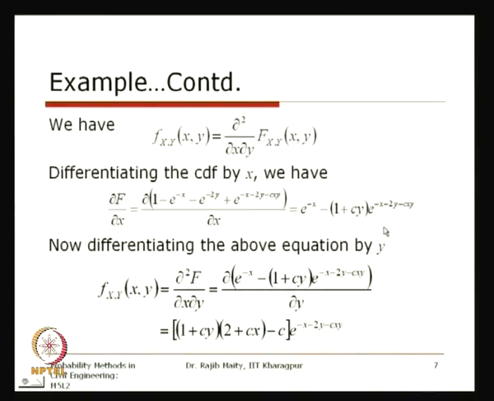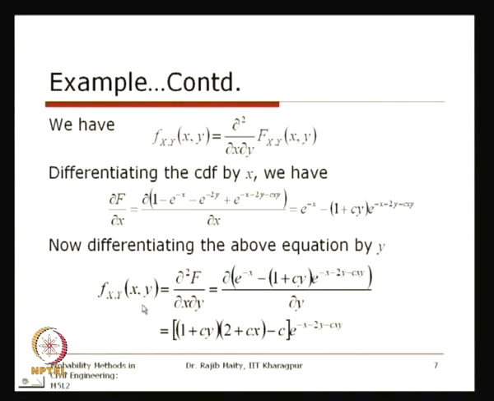Now from this one, if we take one more differentiation with respect to y, then it comes to (1 + cy)(2 + cx) - c, times e^(-x-2y-cxy), and obviously x and y are greater than or equal to 0. Now this is the joint PDF that we got for this random variable x and y.